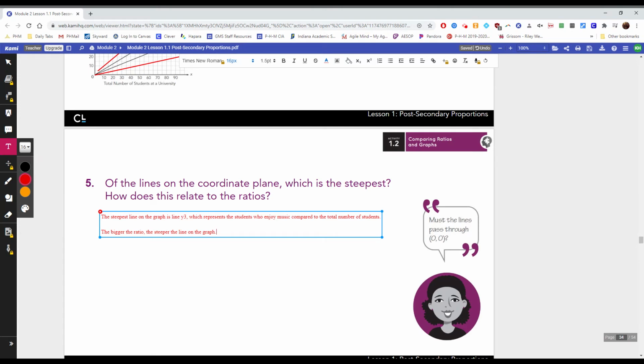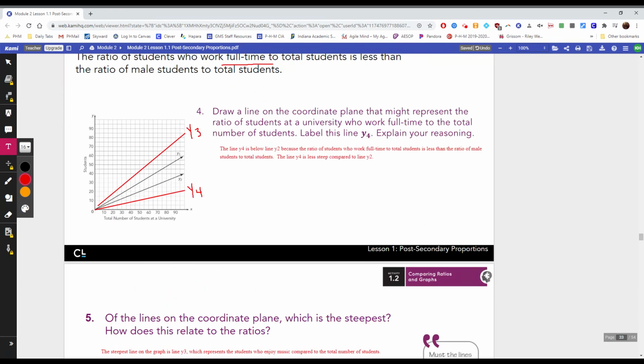So as the ratio gets bigger or smaller, that affects the steepness of the line. That ratio is our constant of proportionality, so it affects how steep the line is. The bigger that number is, the bigger that ratio is, the steeper the line. The lower it is, the less steep that line gets.